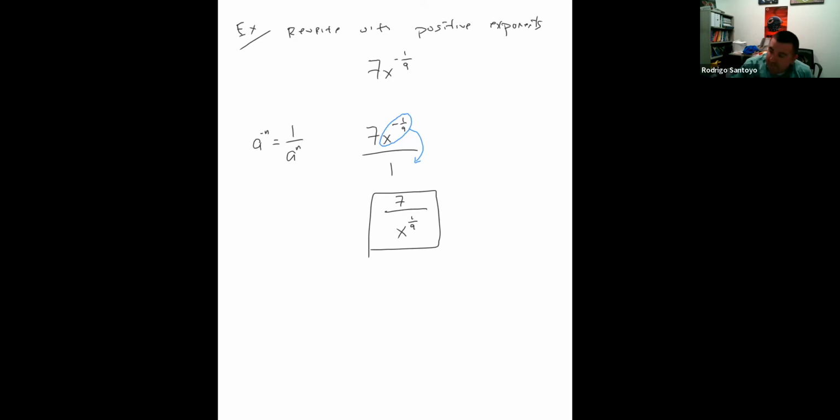All right, next example. Simplify. 8 to the power of 14/3 times 8 to the power of 5/6.